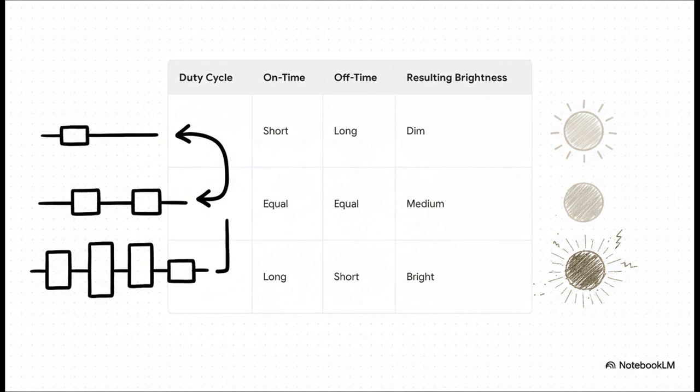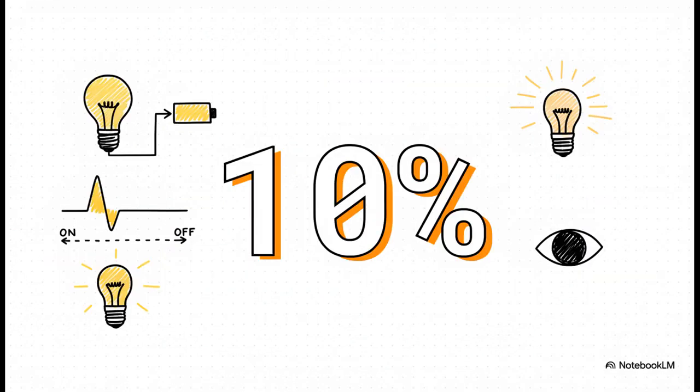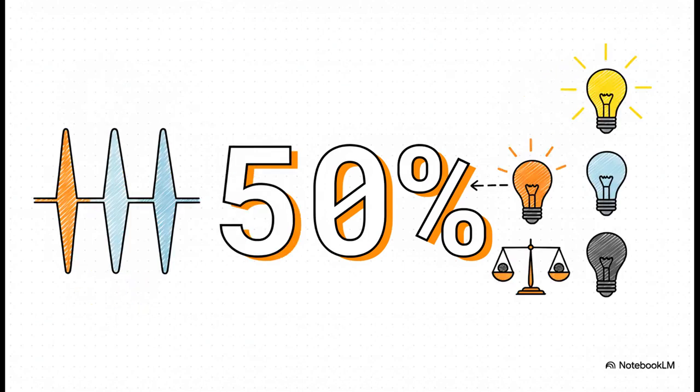Let's look at a few of these a little closer. So at a 10% duty cycle, the power is on for just a tenth of the time, and it's off for the other nine tenths. To our eyes, this super fast flicker is way too quick to see. Our brain just averages it all out, and we perceive a steady but dim light. Now let's bump that up to a 50% duty cycle. Here, everything is perfectly balanced.